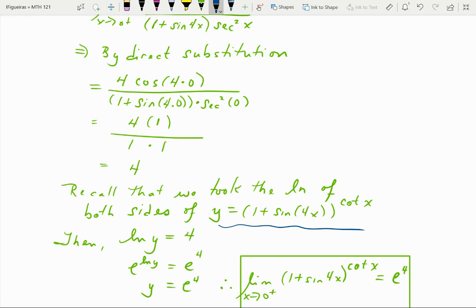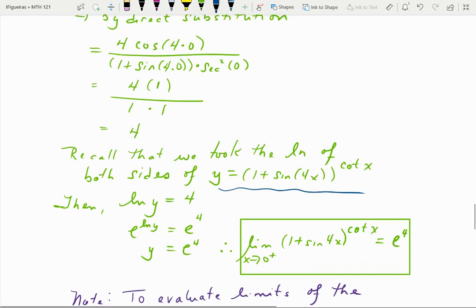And so if we're solving for y, you're going to take e raised to the ln of y, which is equal to e to the 4th, and e to the ln of y is just y, so y is equal to e to the 4th. Therefore, the limit as x approaches 0 from the right of 1 plus sine of 4x to the cotangent of x has a value of e to the 4th power.